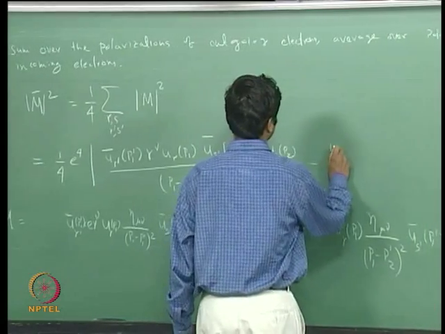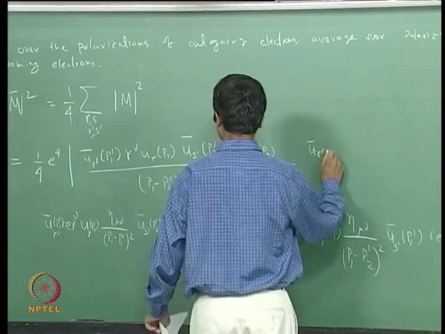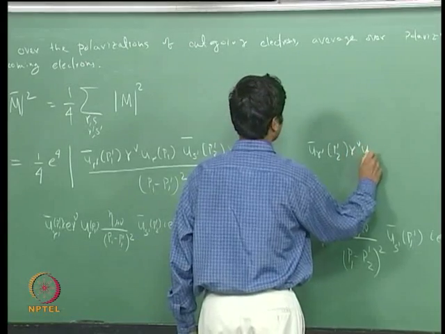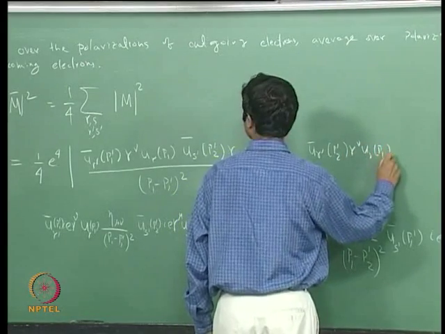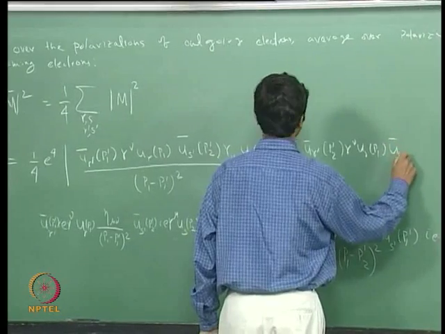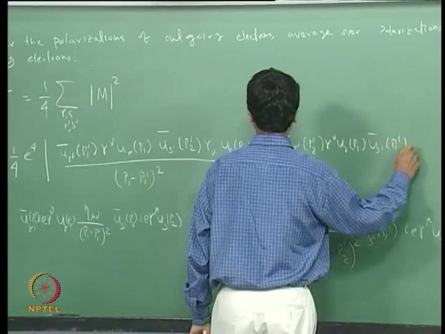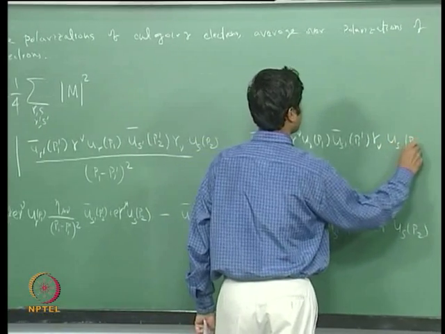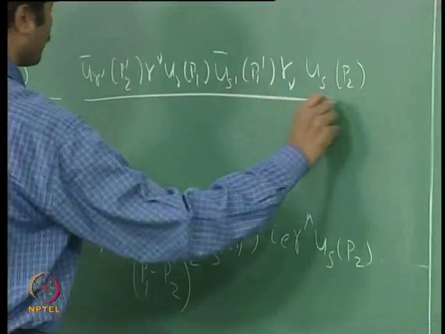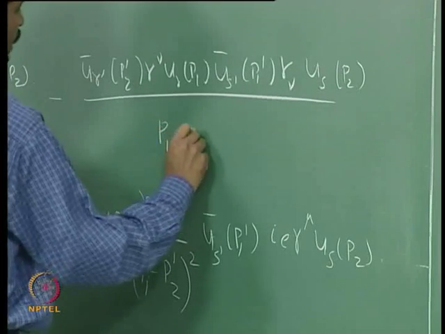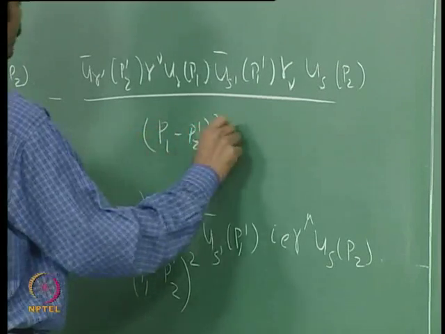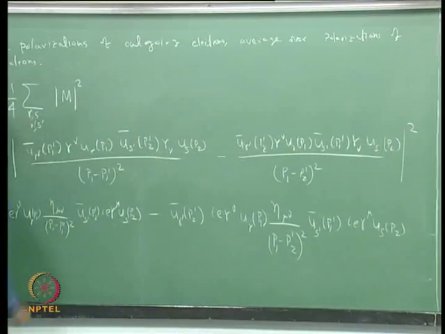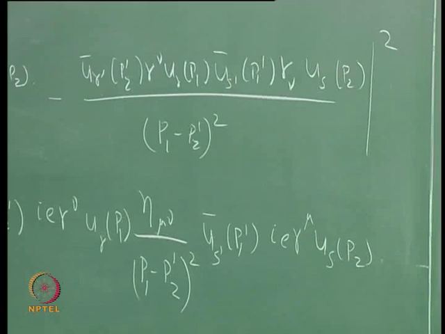So u bar r prime P2 prime gamma nu u r P1 u bar s prime P1 prime gamma nu u s P2 divided by P1 minus P2 prime whole square, this mod square. This is what we need to evaluate.